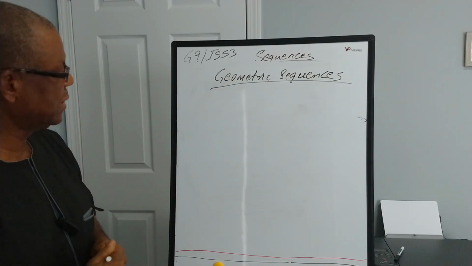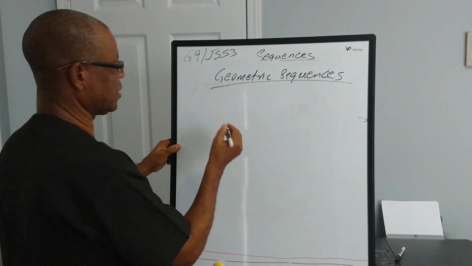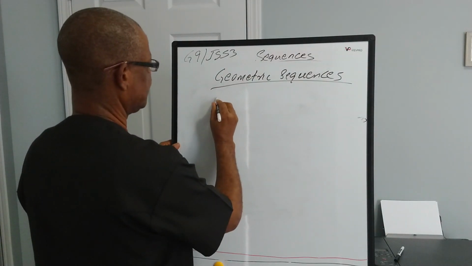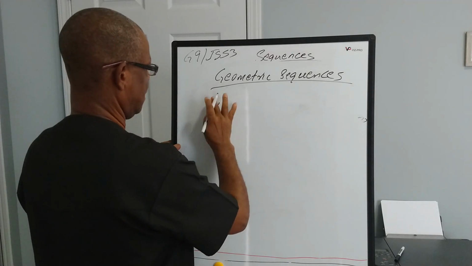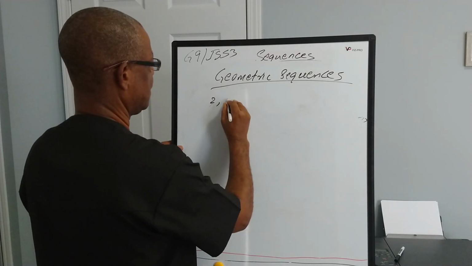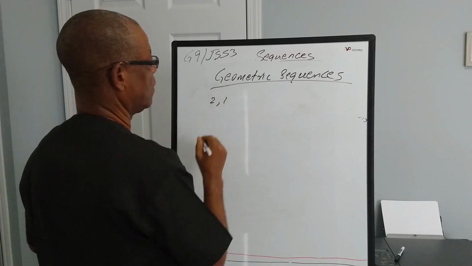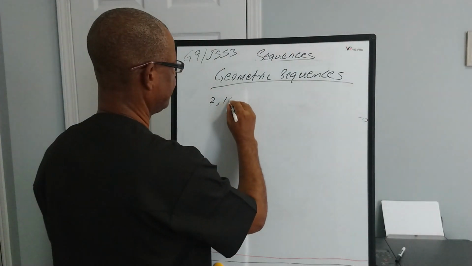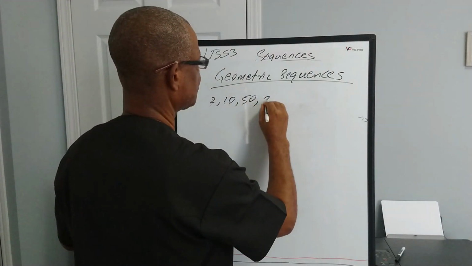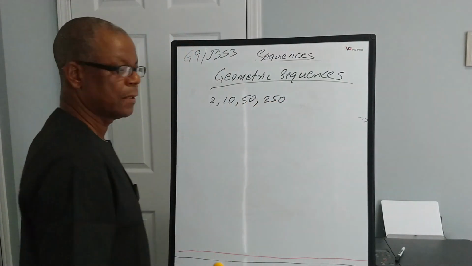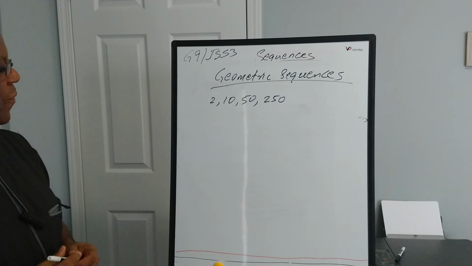We had a question like this, that was 1, 2, 10, 50. And what was our rule?